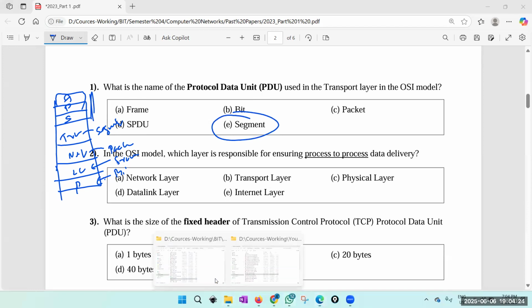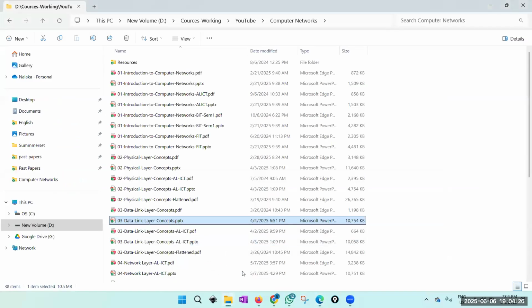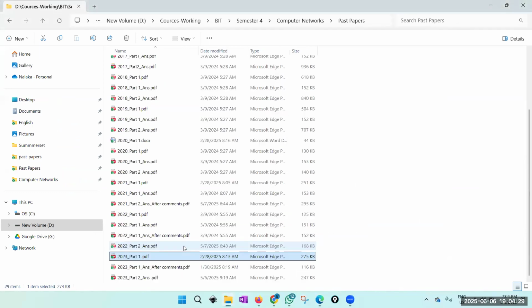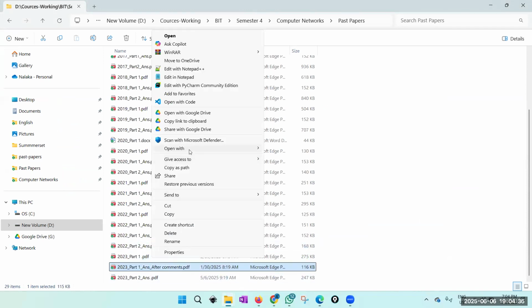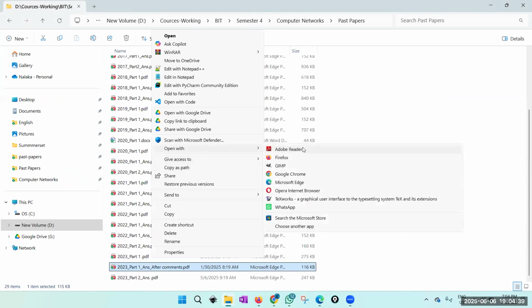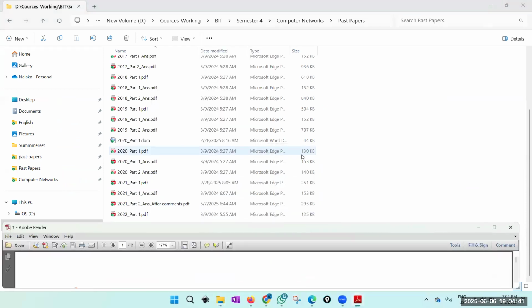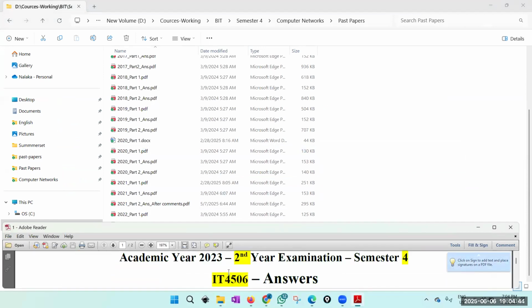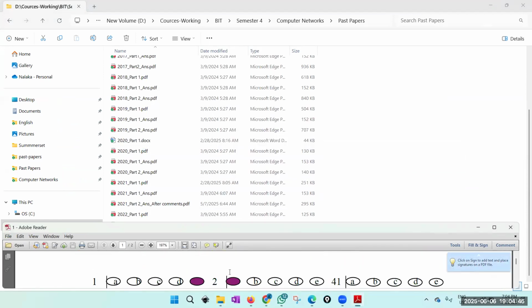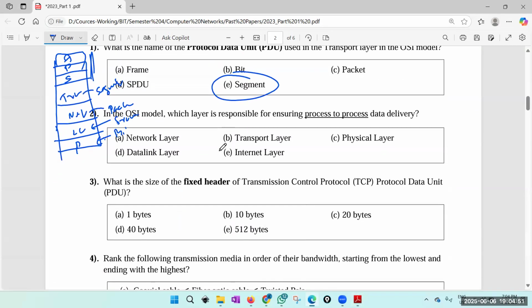Let me open the answer sheet. Right, the answer is E. We'll do faster. Second question: in the OSI model, which layer is responsible for ensuring process-to-process data delivery?